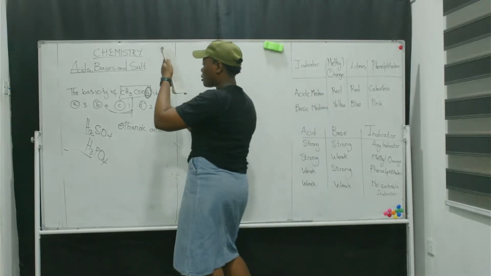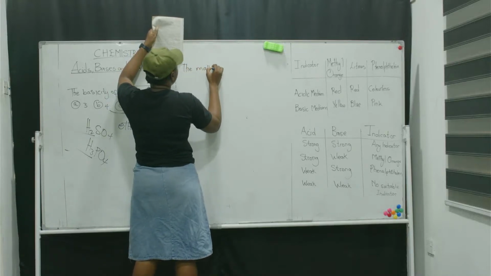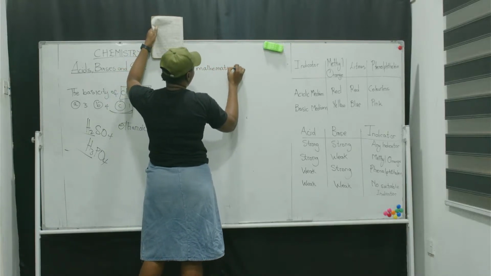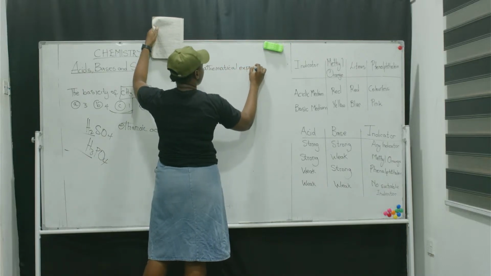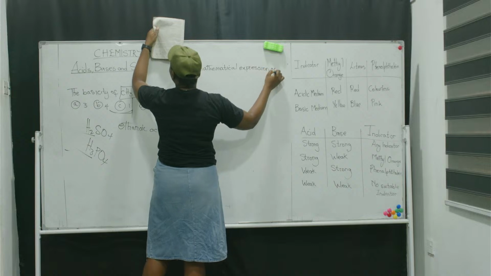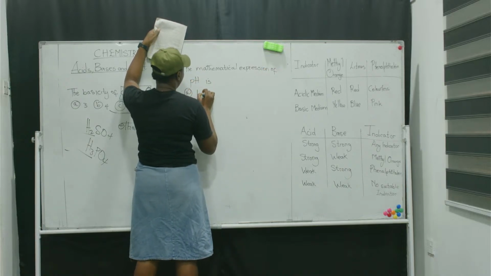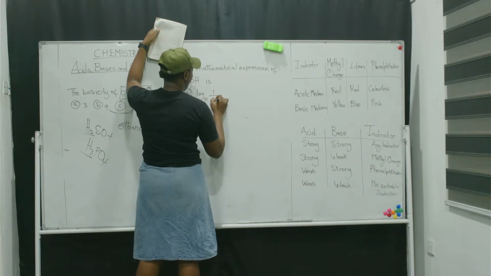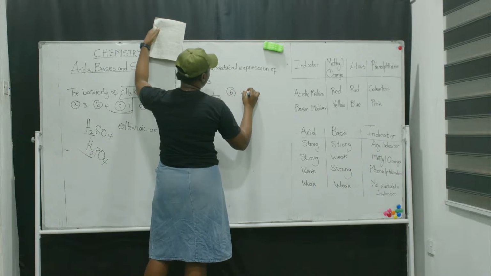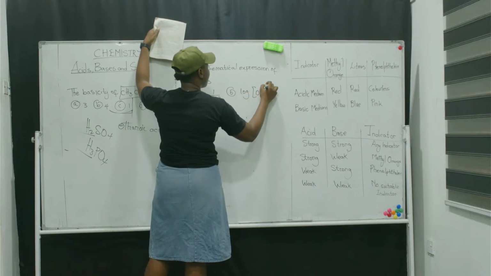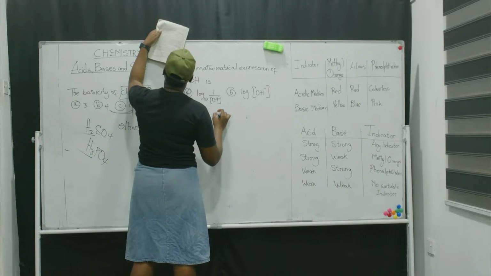Okay, so the exact question I wanted to look at. The mathematical expression of pH is: A, log 10 of 1 over OH; B, log OH minus; C, log 10.